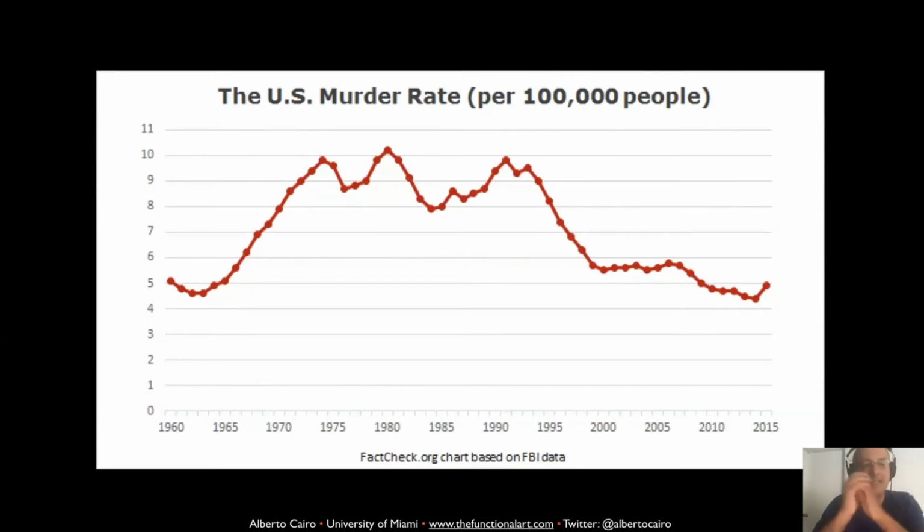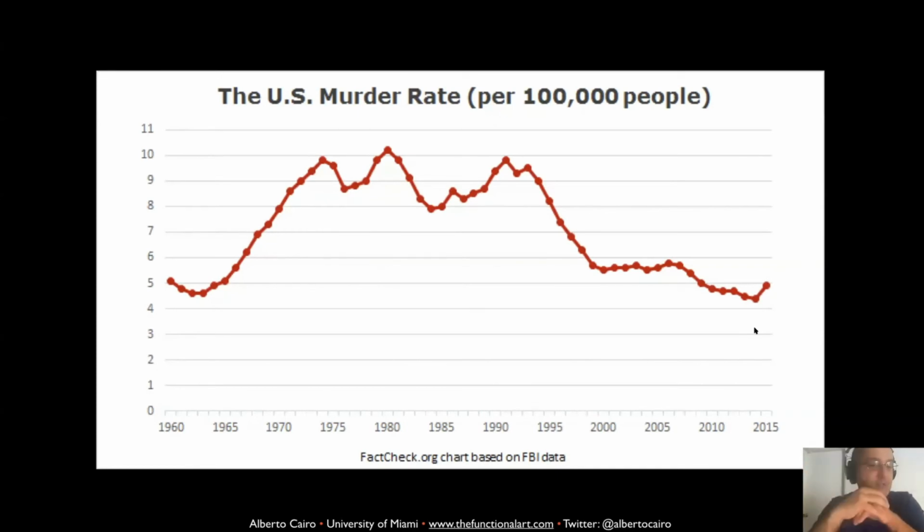Well, this chart, if you don't know what lies behind it, can easily mislead you. Even if the chart per se is not wrong, if it is not put in context or explained to you, it will lie to you. Because the message that it is conveying, if you don't know better, is that the United States is becoming more dangerous, right? The United States is becoming more dangerous because the murder rate per 100,000 people is increasing.